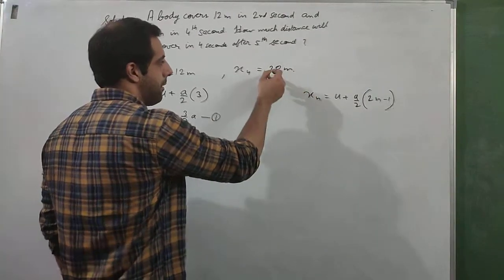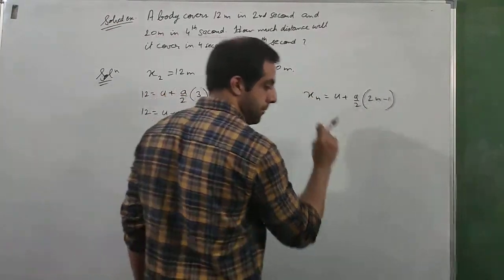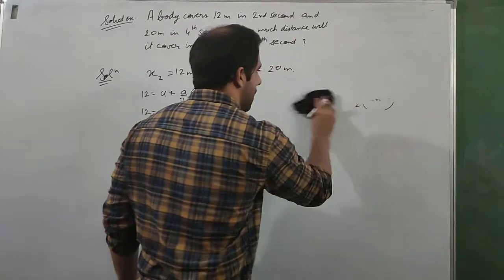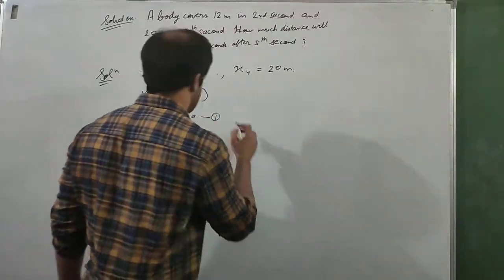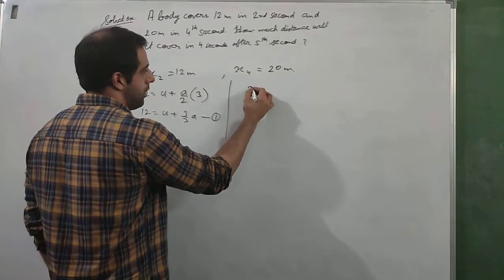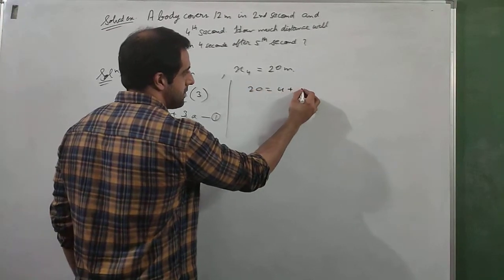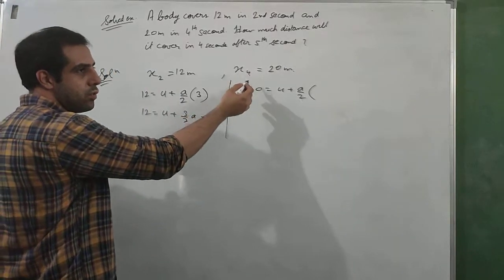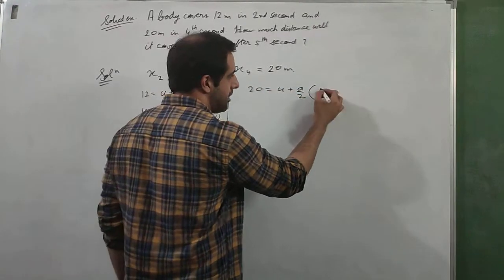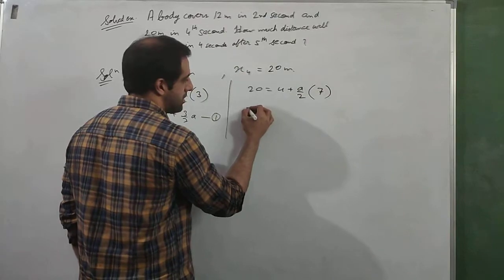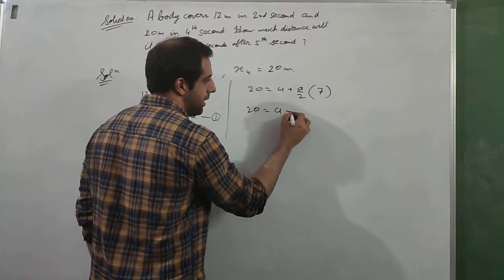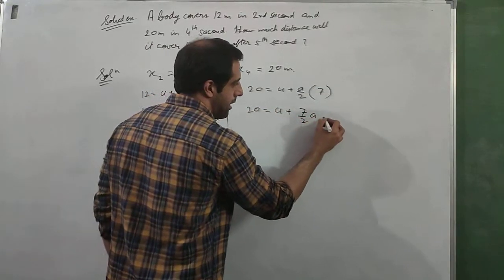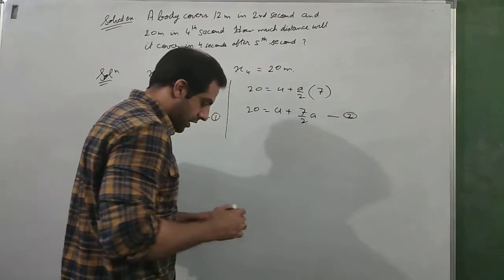Similarly, applying the formula here, 20 = u + a/2 (2n - 1), here n is 4, so 2 into 4, 8 minus 1, 7. So the equation is 20 = u + (7/2)a. This will be our second equation.